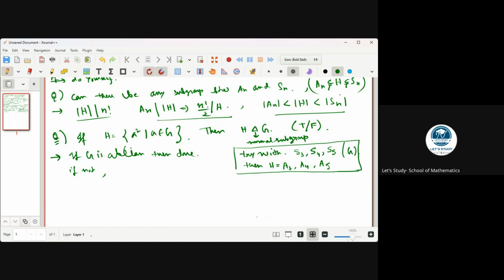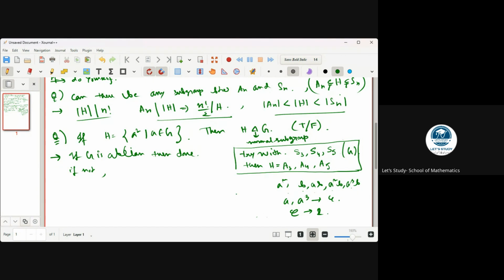No, there are a total of 6 elements. 6, not 5. There are 5 elements: a squared, b, ab, a squared b, a cubed b. That's all: 1, 2, 3, 4, 5. And a and a cubed are of order 4, and the identity is of order 1.